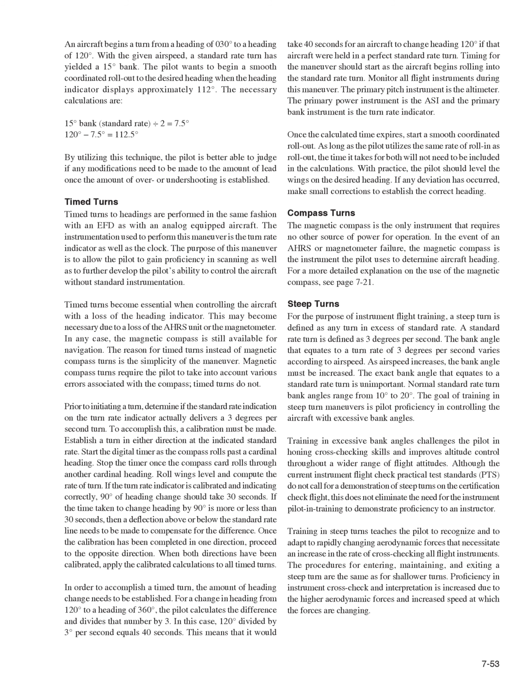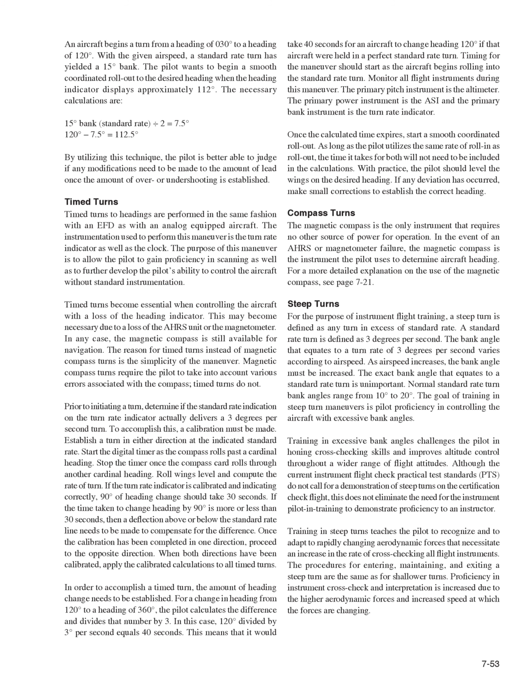The necessary calculations are 15 degrees bank, standard rate, divided by 2 equals 7.5 degrees; 120 degrees minus 7.5 degrees equals 112.5 degrees. By utilizing this technique, the pilot is better able to judge if any modifications need to be made to the amount of lead once the amount of over or undershooting is established.